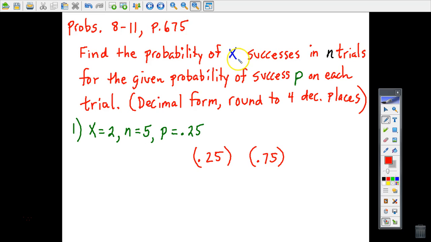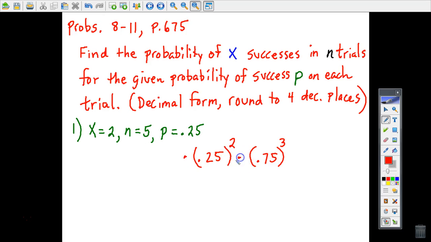And remember, x is the number of successes, and in this case, that's 2. So I'm going to raise the success probability to the 2nd power, which means that if there are 5 total trials, if I succeeded twice, then I must have failed 3 times.